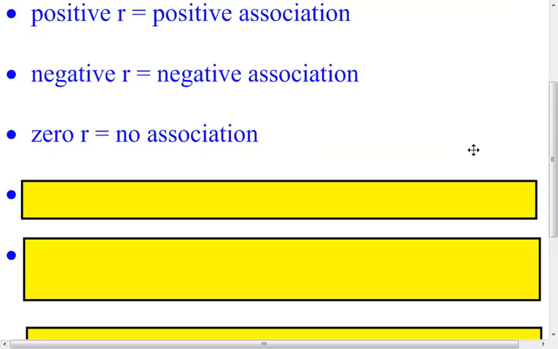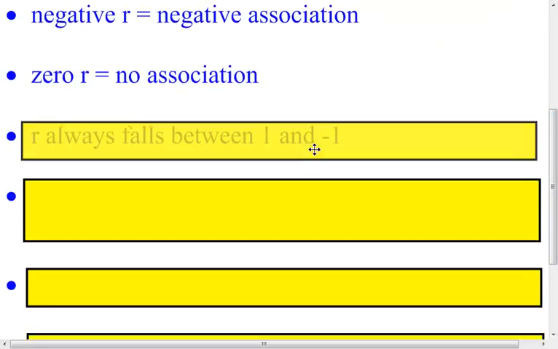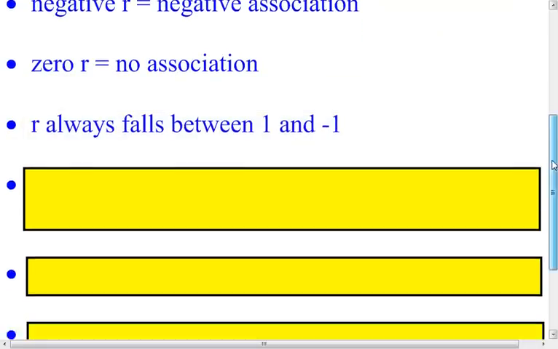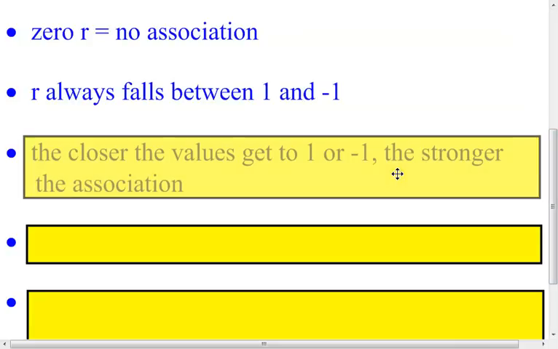Your R value will also be 0 if you have a graph where your dots are nothing more than a jumbled mess, and you can't make any sense of them. They don't fall into a linear pattern at all, so you also will have a correlation coefficient of 0. Correlation coefficients, or your R values, always fall between 1 and -1. The smallest it could be is -1, the biggest it can be is 1, and it can be any number in between.